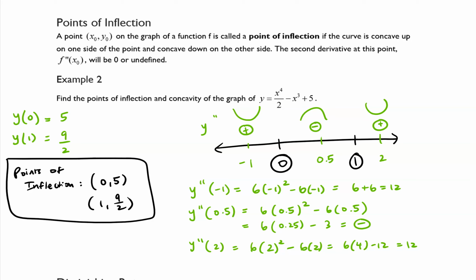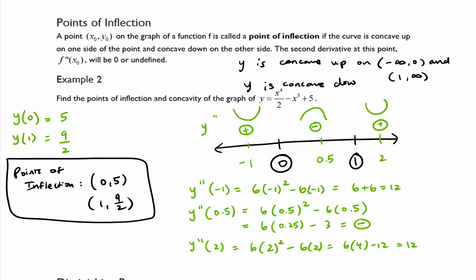So y is concave up on the intervals -infinity to 0 and 1 to infinity, and y is concave down on the interval 0 to 1. So that completes example 2.